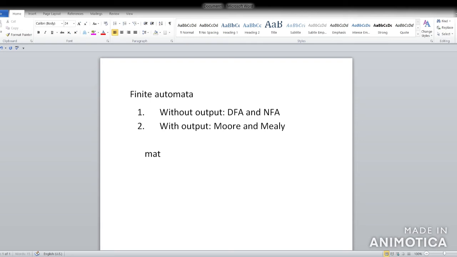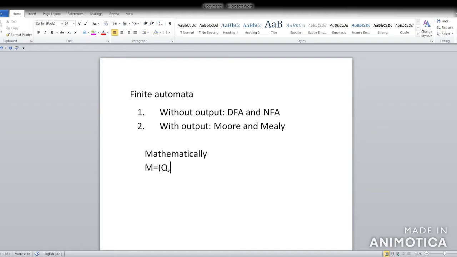So mathematically, it is given by again, let's say M is a finite automata with output. So it is given by six tuples. Few tuples already we studied. That is Q. Capital Q is a finite set of states.